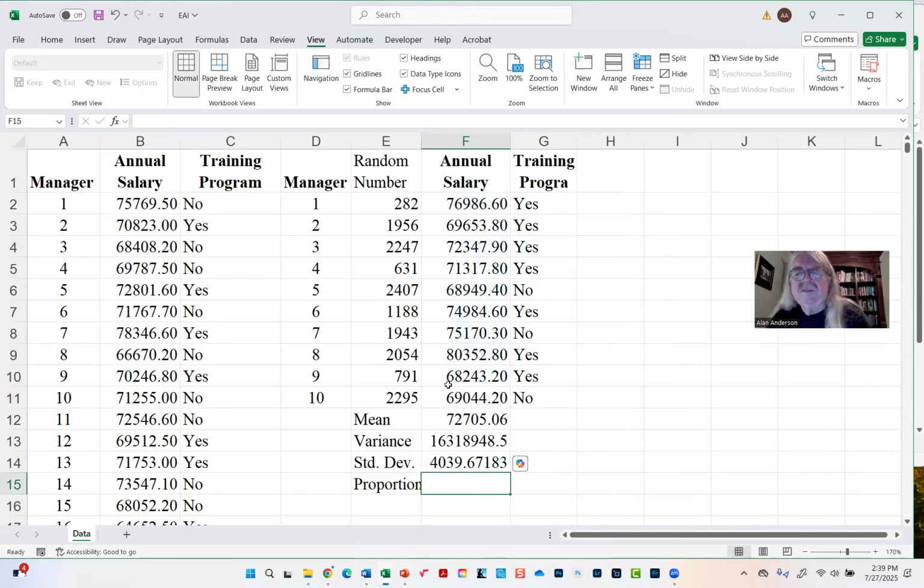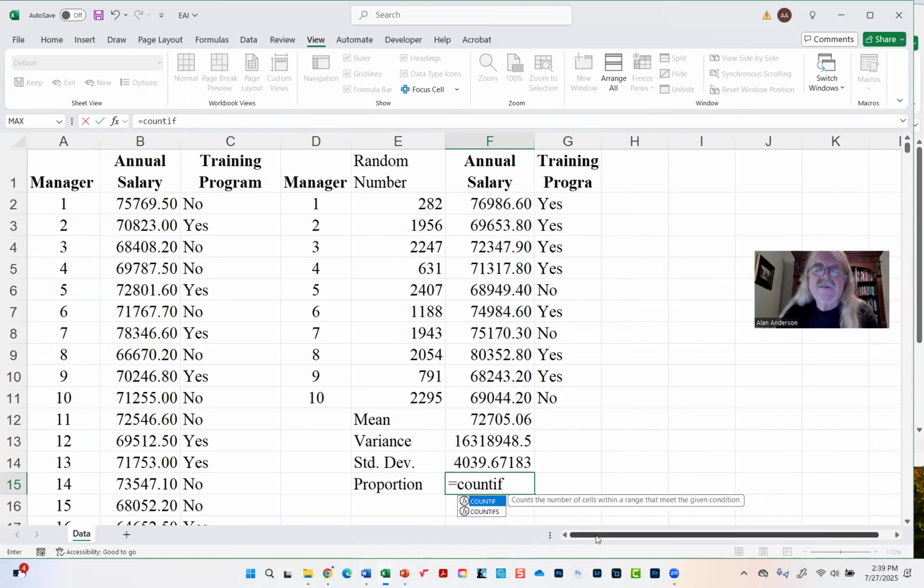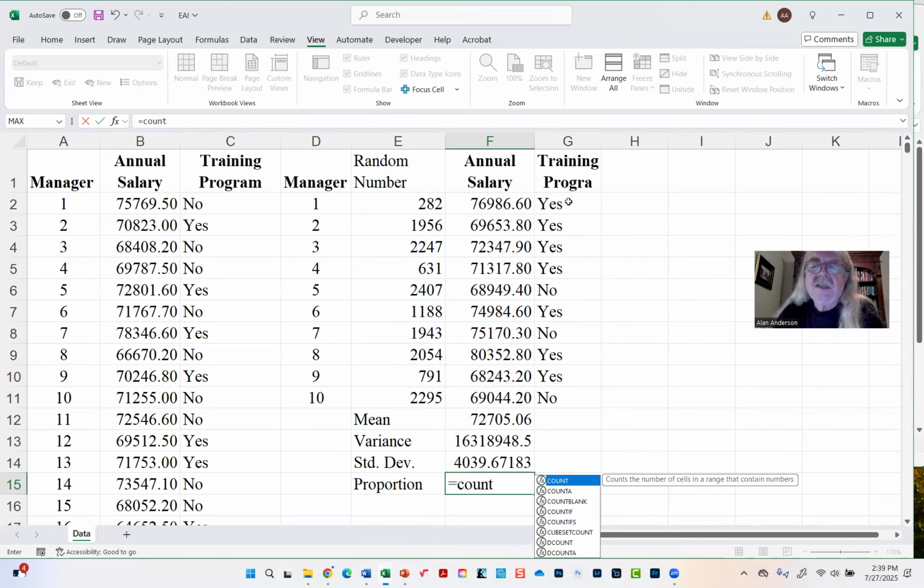The proportion is a little bit different. I don't believe Excel has a proportion. We're looking for the proportion of yeses. So what we can do is put equals COUNTIF. Oh, I think when you're dealing with letters, you have to use this COUNTA. No, that I was thinking of something else.